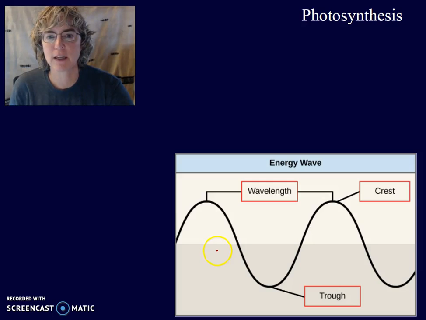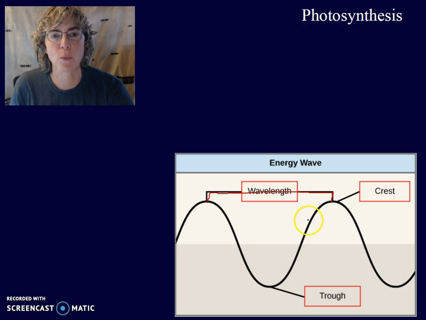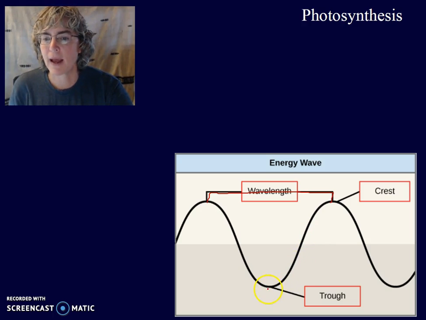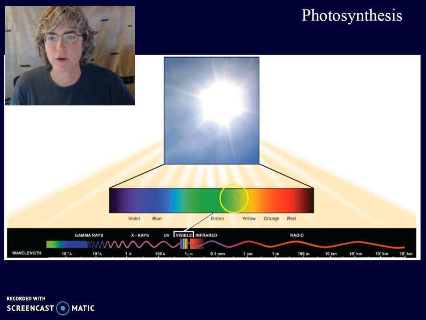Here, let's take a look at a wave, just some vocabulary on a wave. So from one crest to another crest is called a wavelength. And here's the trough, and here's the crest. So wavelength. So let's go back to our picture.